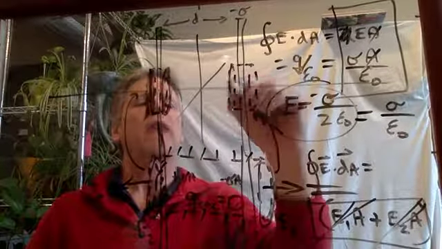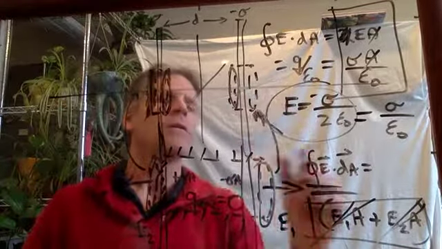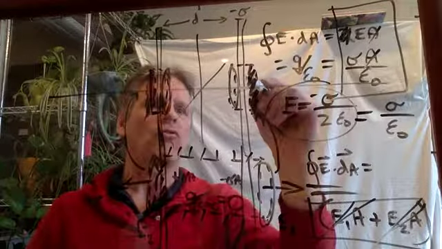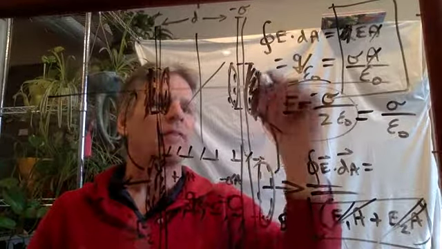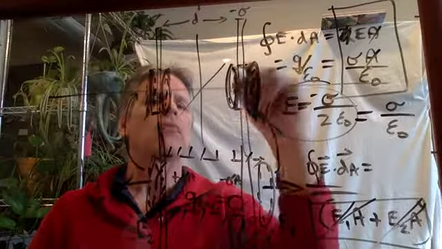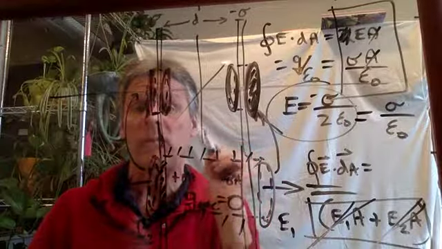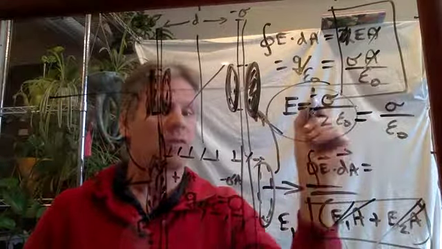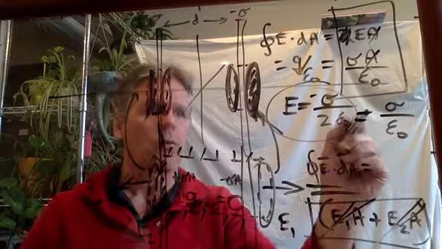And we can do that exact same thing over here. It's got to be 0, so this 2EA converts to just 1EA, because this surface integral is going to be 0. The only contribution we get is that, but it still has to be equal to sigma A over epsilon 0. Gauss's law is always true.